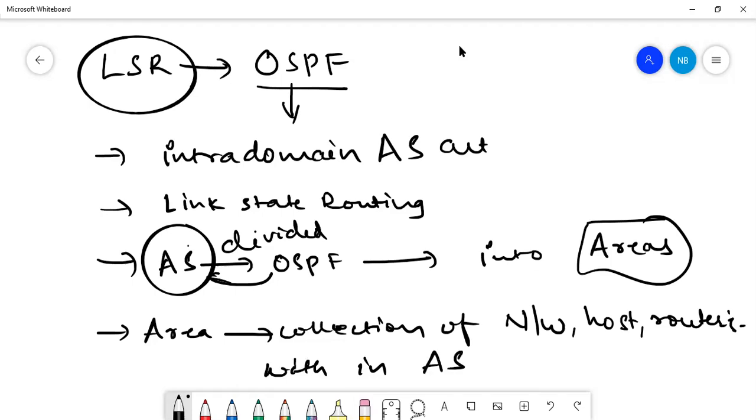Okay. So according to OSPF, the autonomous system is divided into several areas, and areas are nothing but a collection of networks, hosts, routers within the autonomous system.